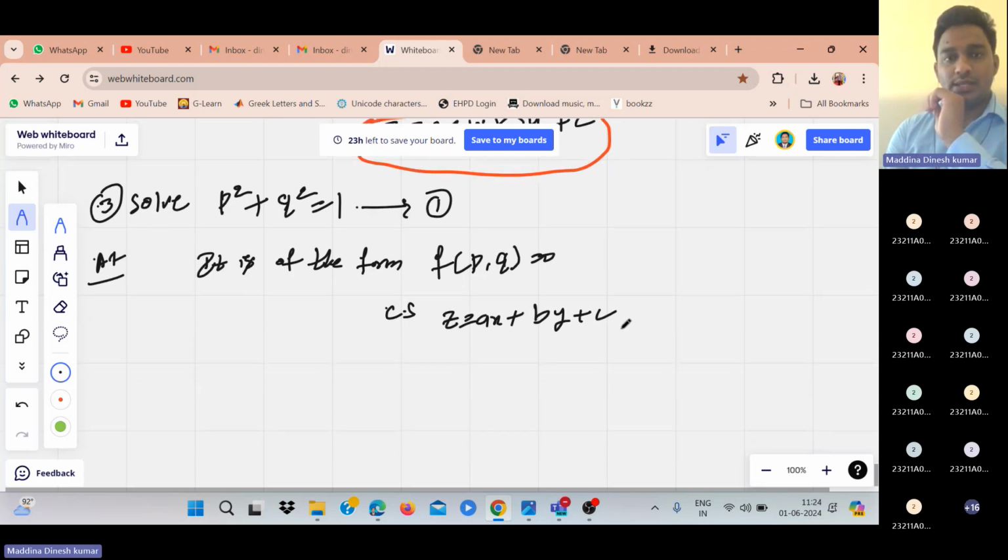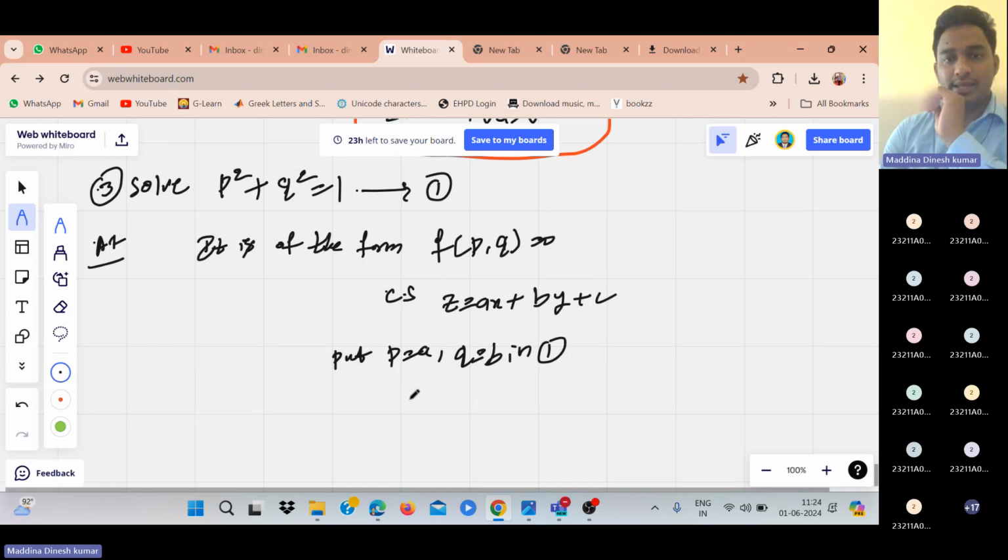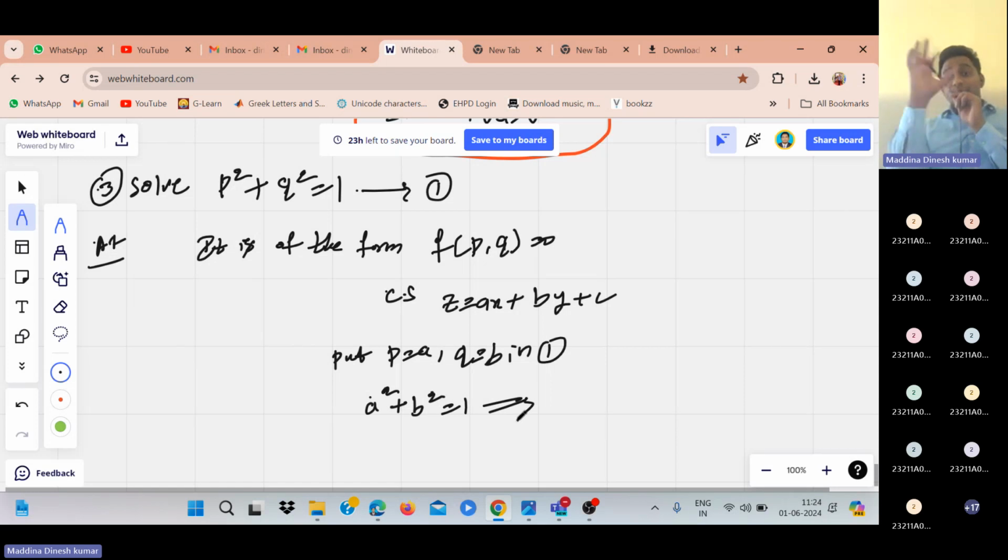Put p equal to a, q equal to b in 1. Then a square plus b square equal to 1. We want to find b in terms of a.